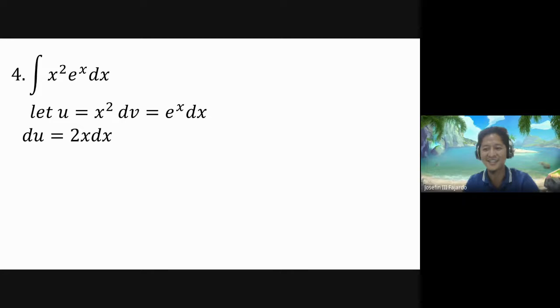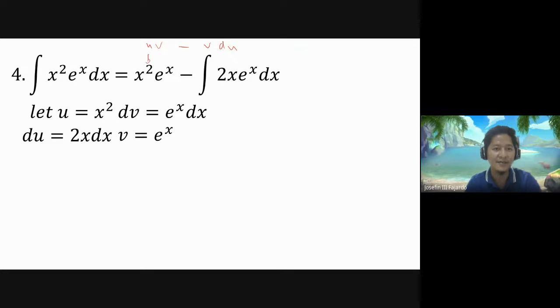O, anong sagot sa GC niyo? E to the X, sir. Tama, E to the X. Okay, so notice, kung babalikan natin si UV minus integral of V du, di ba? Ito siya. U natin ay X squared. V natin E to the X. Ito si minus sign, ito si integral sign.